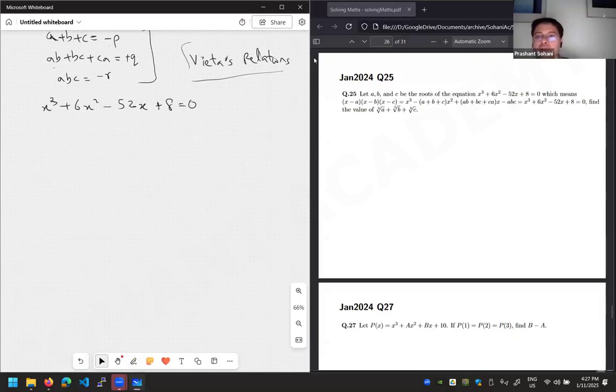But when I say something is a root of the equation, it means that a, b, c satisfy this equation, right? So instead of x, if I write a, then this equation is satisfied. And similarly for b and c. So all of a, b, c satisfy this equation. That is what we mean when we say a, b, c are the roots of this equation.